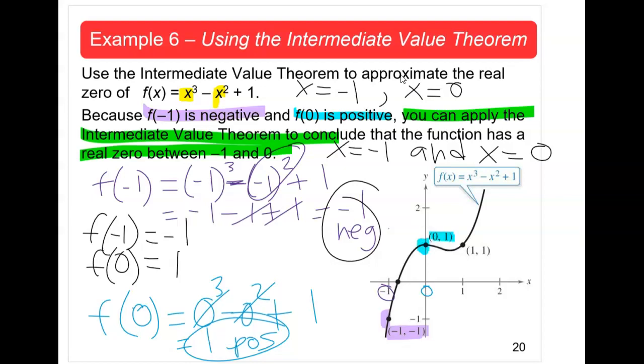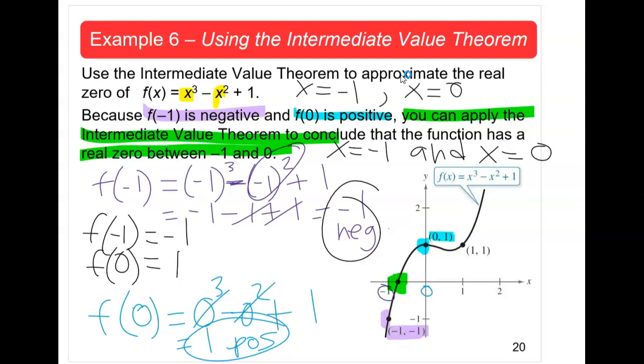So you can see that for the graph to get from -1, -1 to 0, 1, it had to cross the x-axis. So that is what guarantees that there is a real 0 by the intermediate value theorem.